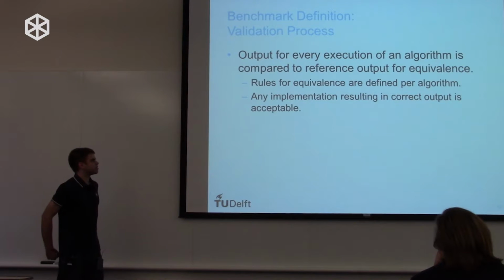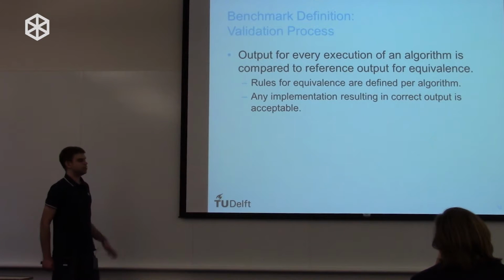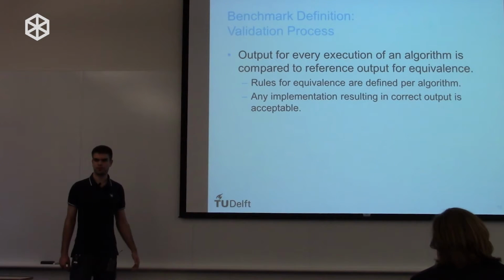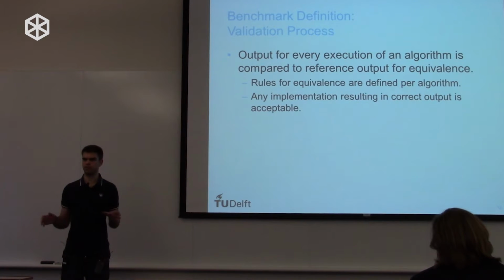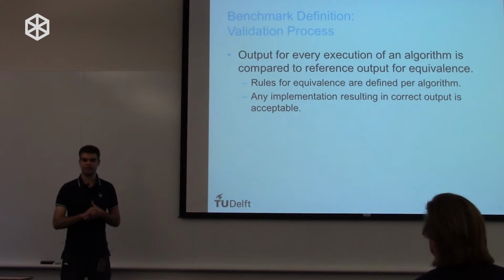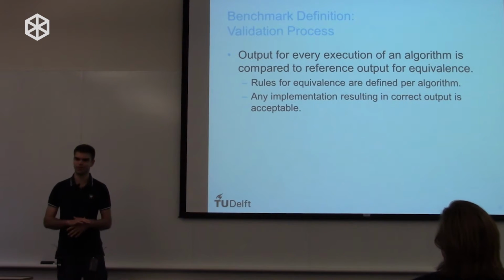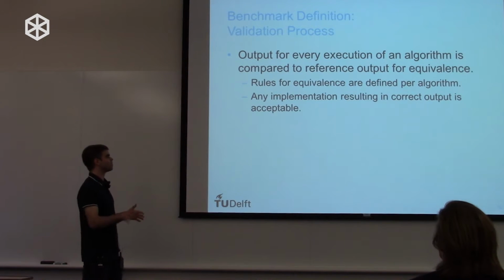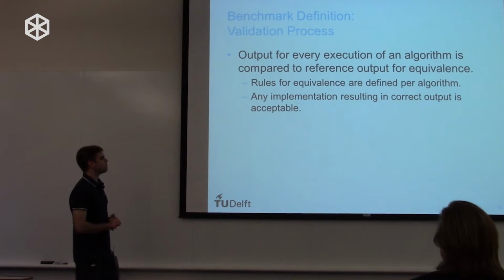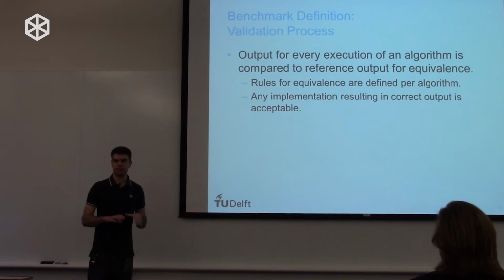So for correctness of output, we have a validation process, which basically means that we have reference output for all the data sets and all the algorithms, even though something like local clustering coefficient took 2 weeks to run on the Twitter graph. We have all of that right now. And what we check for is that the output is equivalent.